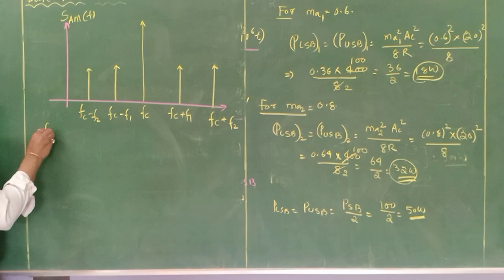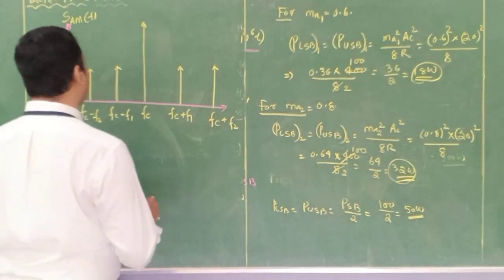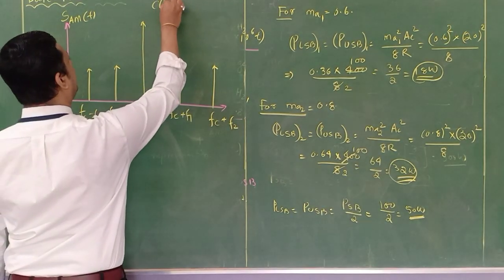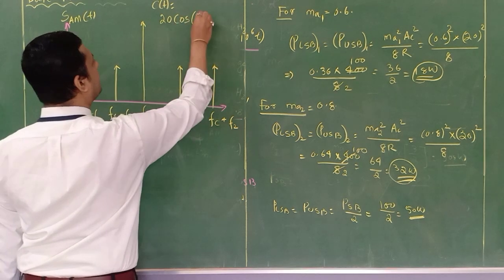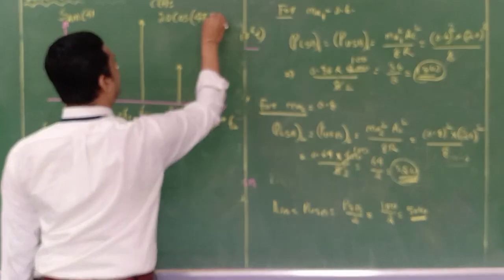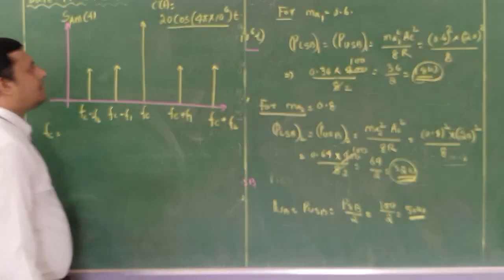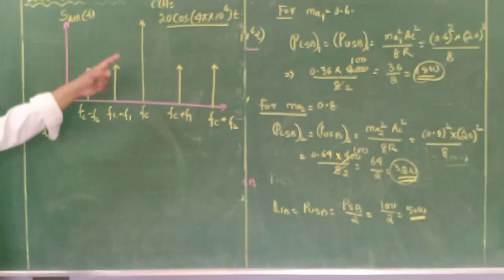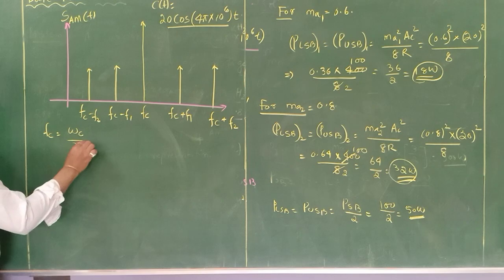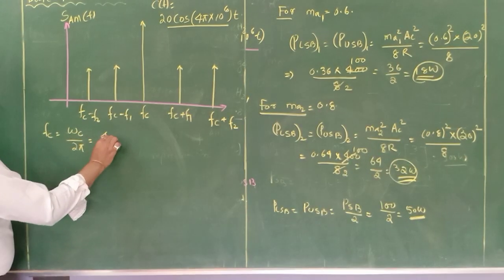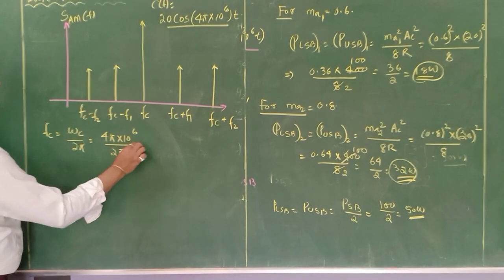So first I will identify Fc. As in our question, c(t) is equal to 20 cos 4 pi into 10 to the power 6 t. To find Fc, it is omega c divided by 2 pi. Omega c is 4 pi into 10 to the power 6 divided by 2 pi.